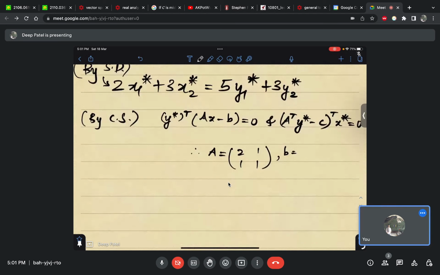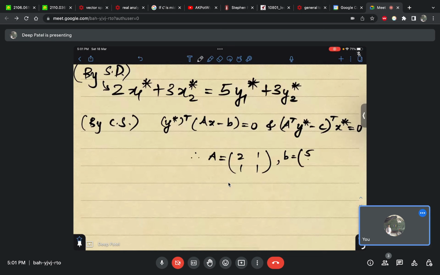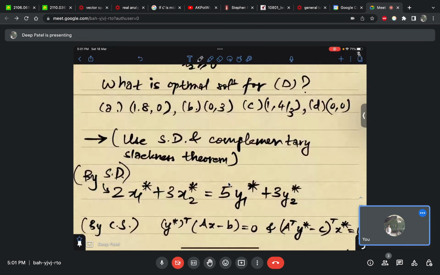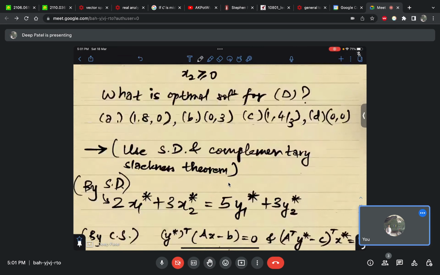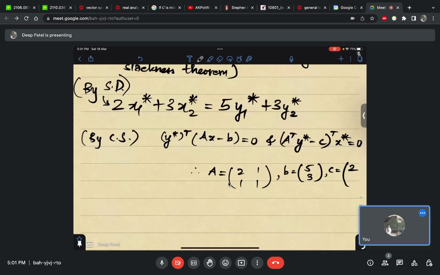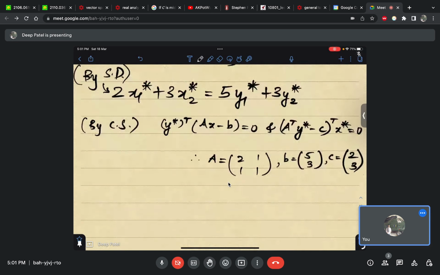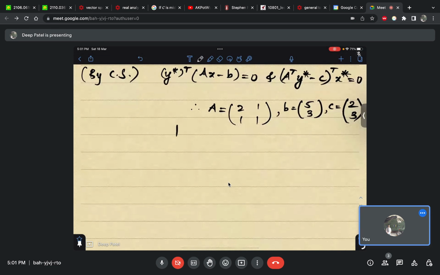My B is 5 3. And my C is 2 3. If we solve this, I think y1 star should come out to be 0 and y2 star should come out to be 3.